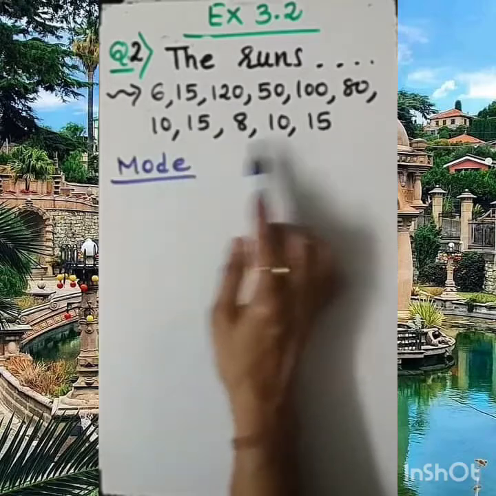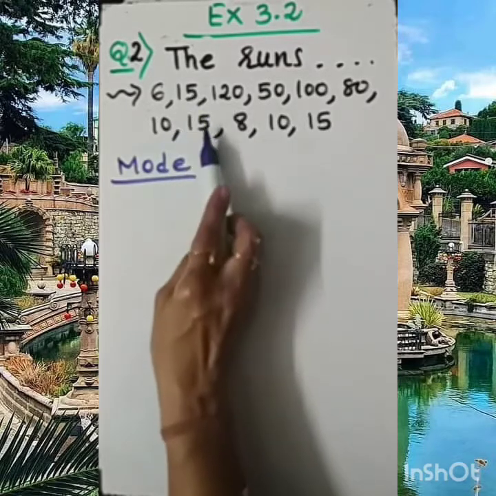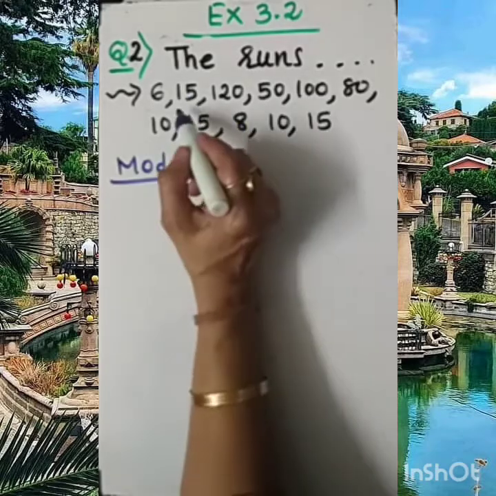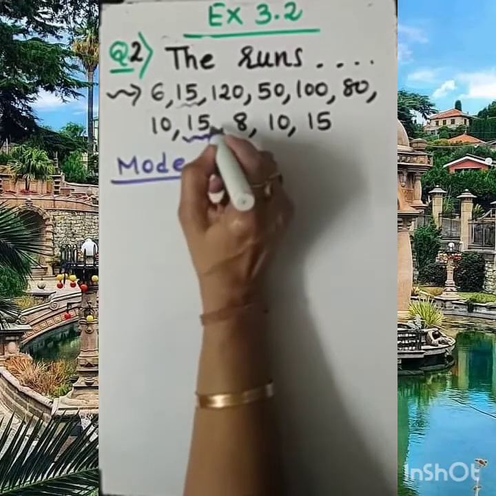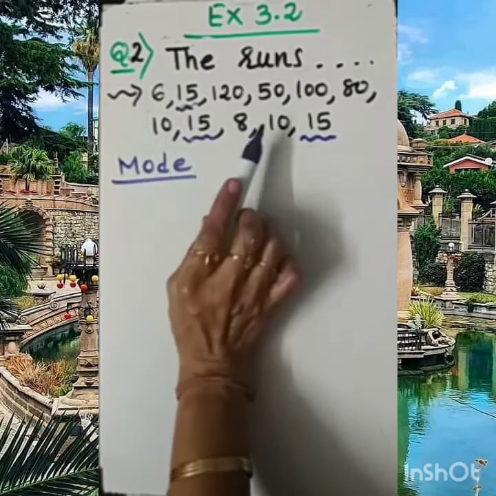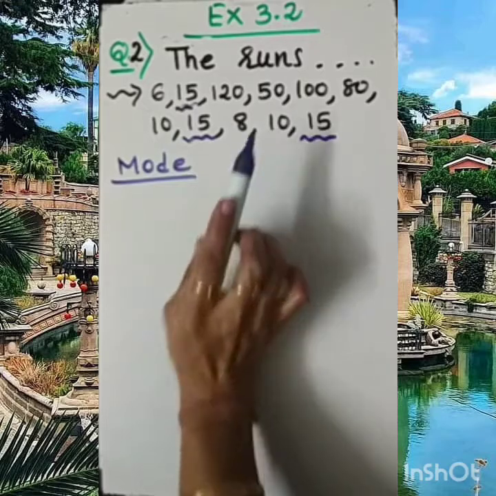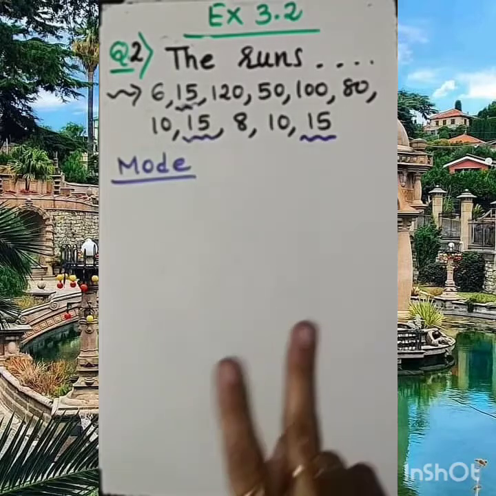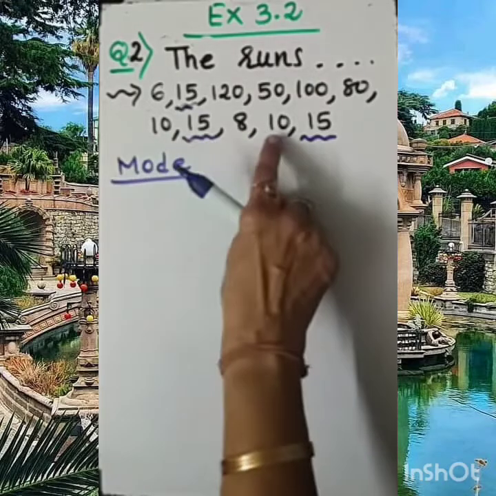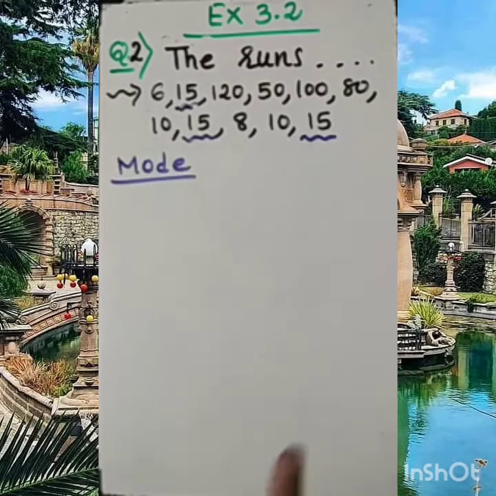Out of all these observations, 15 has been repeated 3 times. 10 is also there, but it has been repeated 2 times, so we will not consider that. If 10 was also repeated 3 times, then we could consider the mode is 10 and 15 both. Clear to you, dear student?